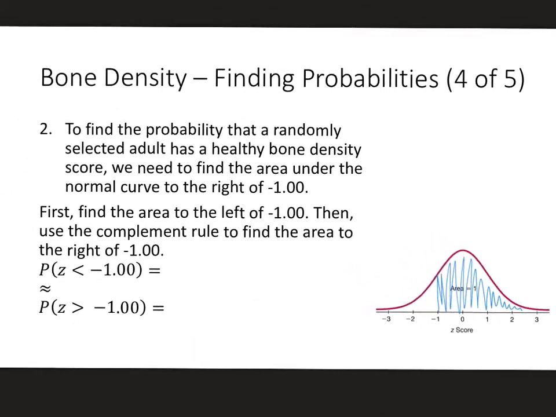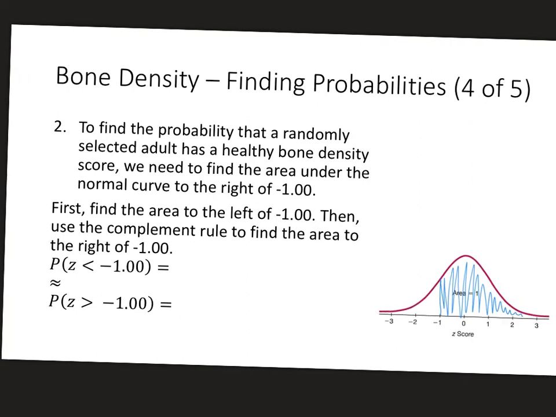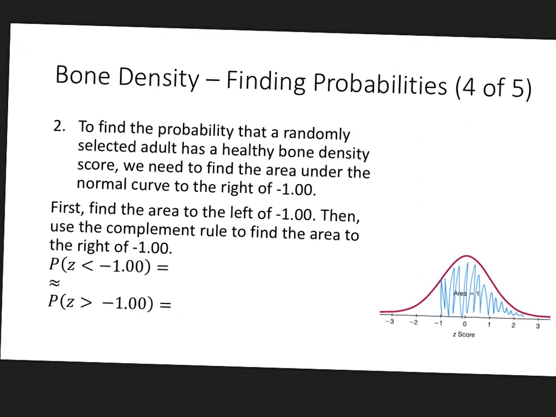Now you have to keep in mind that Excel does not find areas to the right, it only finds areas to the left. So what you're going to need to do is the complement rule. You'll need to find the area to the left and then subtract.